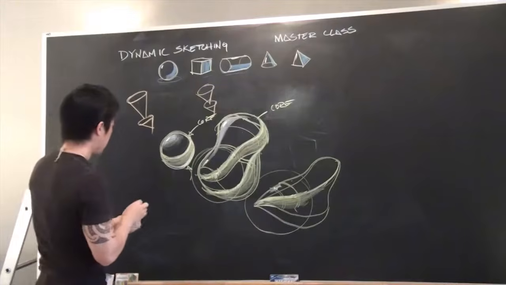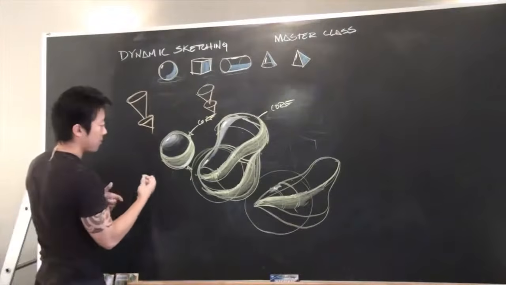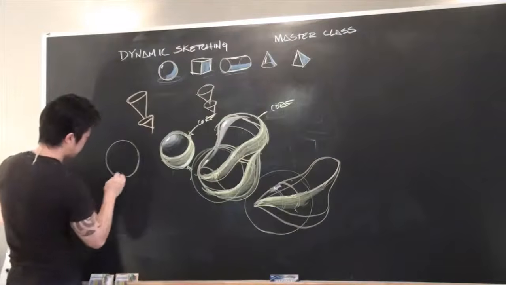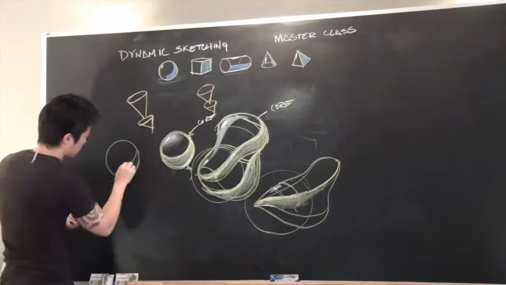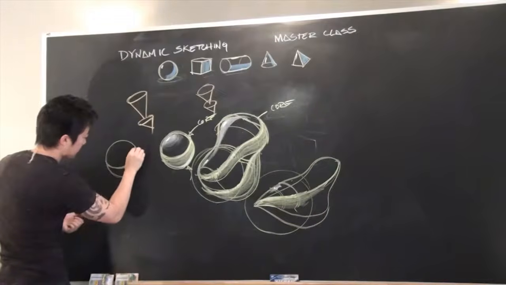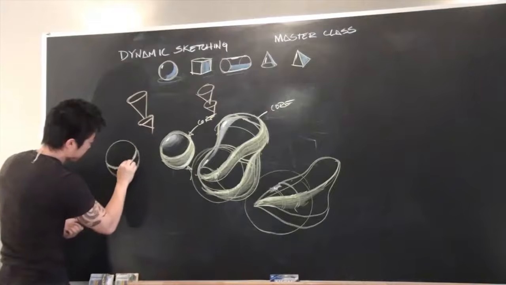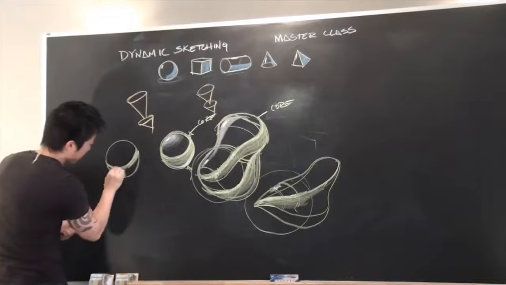With cast shadows, it's basically the same idea in terms of the amount of pen you want, how you're going to crosshatch. But let's say we have the same shape here. You have your core. Describe that core with your pen. Fill it in with the crosshatch.